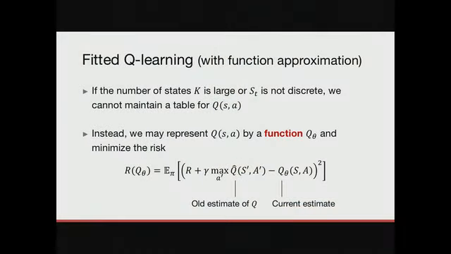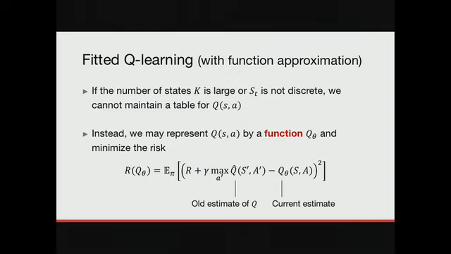By minimizing this quantity, I will find something that approximately satisfies the Bellman equality that we talked about before. This is the idea of fitted Q-learning, where you substitute the tabular representation with a function approximation, essentially.